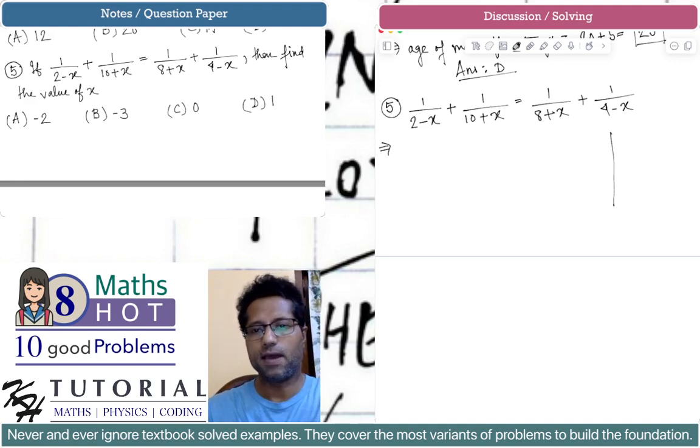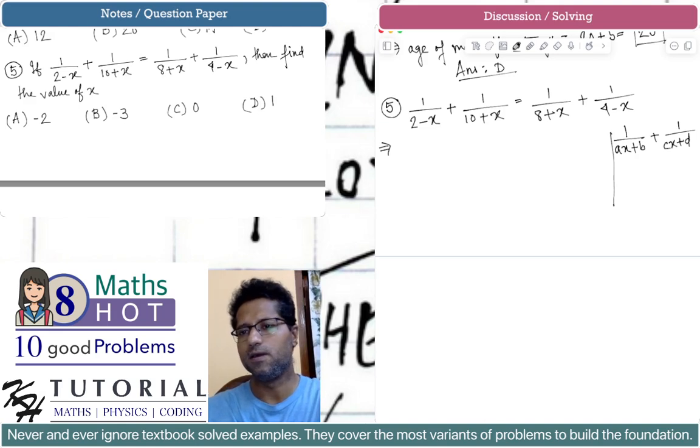So how will we add 1 by 2 minus x plus 1 by 10 plus x? Now remember that whenever you have to add rational terms having variables, of the form, let's say, 1 by ax plus b plus 1 by cx plus d, where a, b, c and d are some constants, then we find the LCM of the denominators.